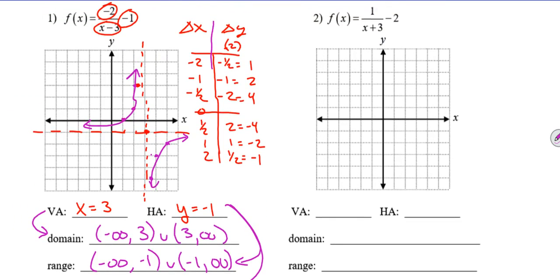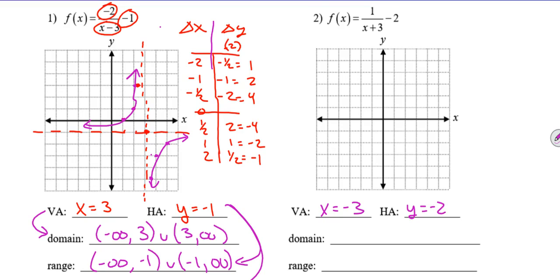So if I was to analyze, you should be able to answer these questions really before you even graph the function. And if you can, then that tells you a lot about what you understand and what you are having trouble with. Okay, so by looking here, I should be able to tell that my vertical asymptote is equal to -3. My horizontal asymptote is equal to y equals -2.